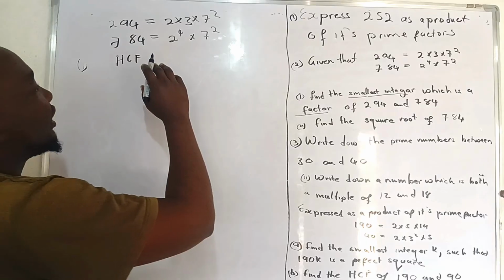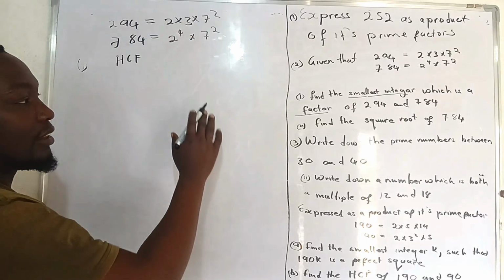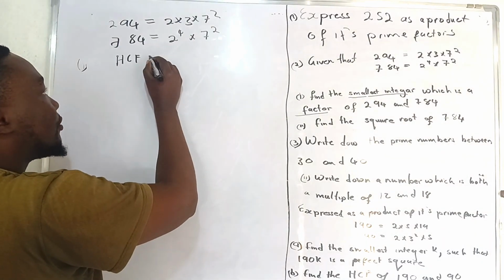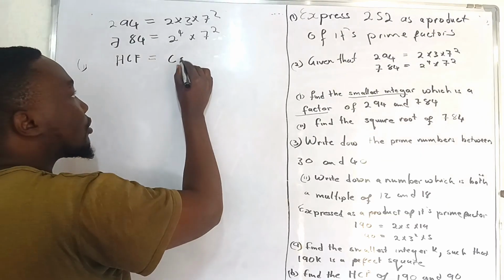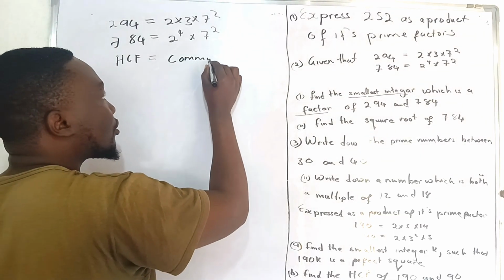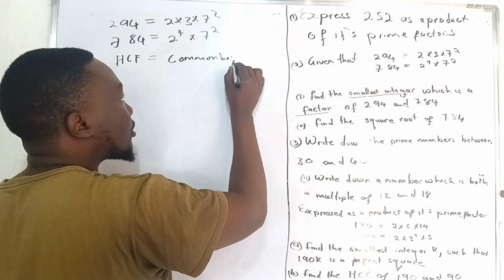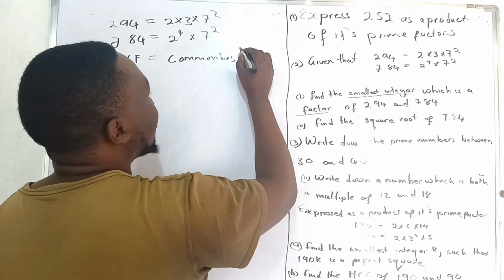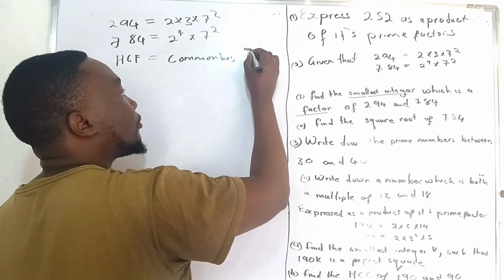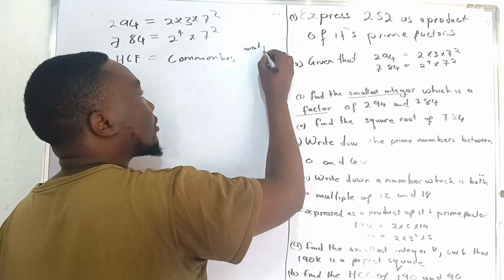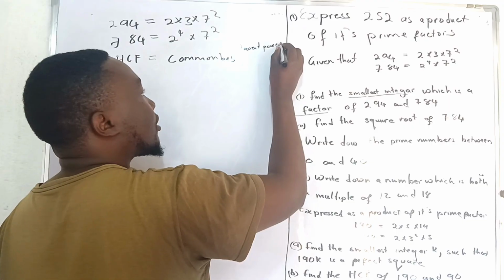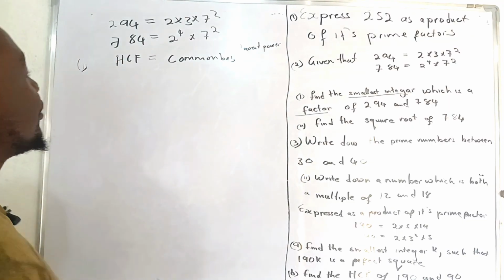In order to find the highest common factor, we take the common base and lowest power.